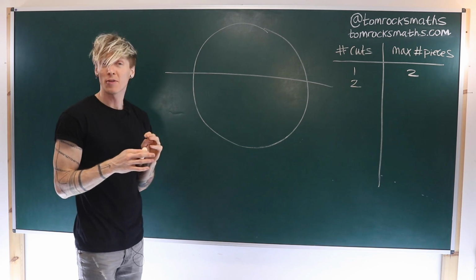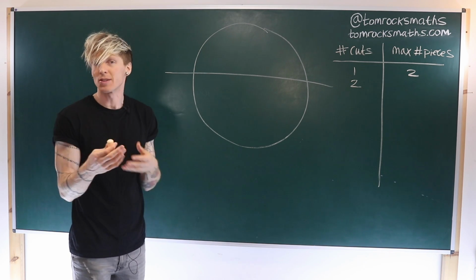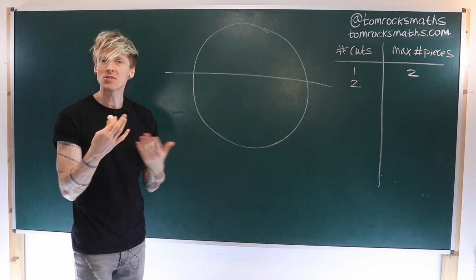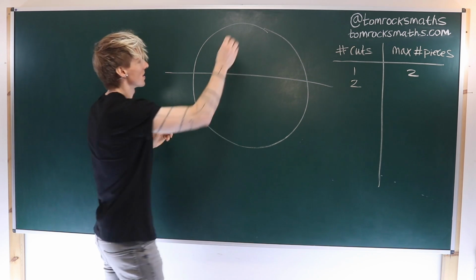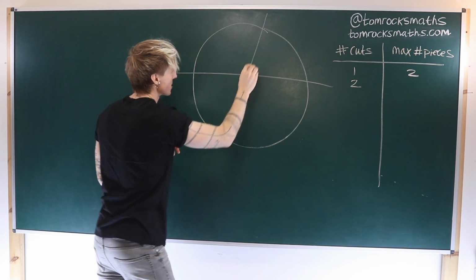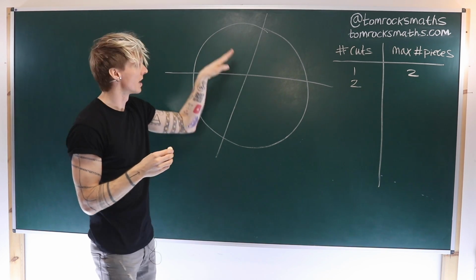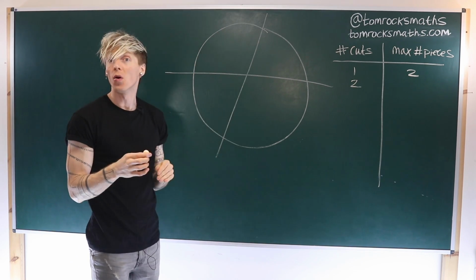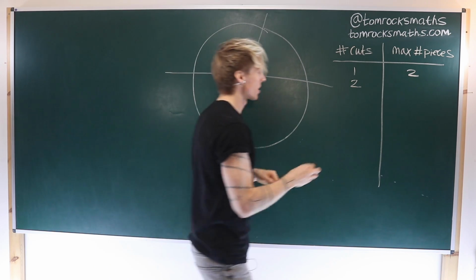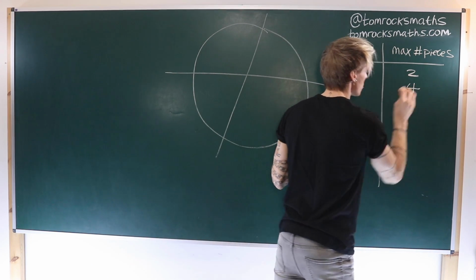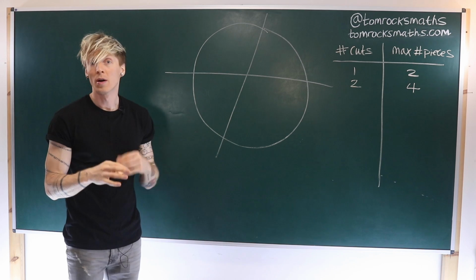And probably from past experience cutting cakes or indeed pizza, most of you will know that the best thing to do here is to pass through our first cut, and this allows us to get 4 pieces. And this is going to be the maximum. So for 2 cuts, we can get 4 pieces.